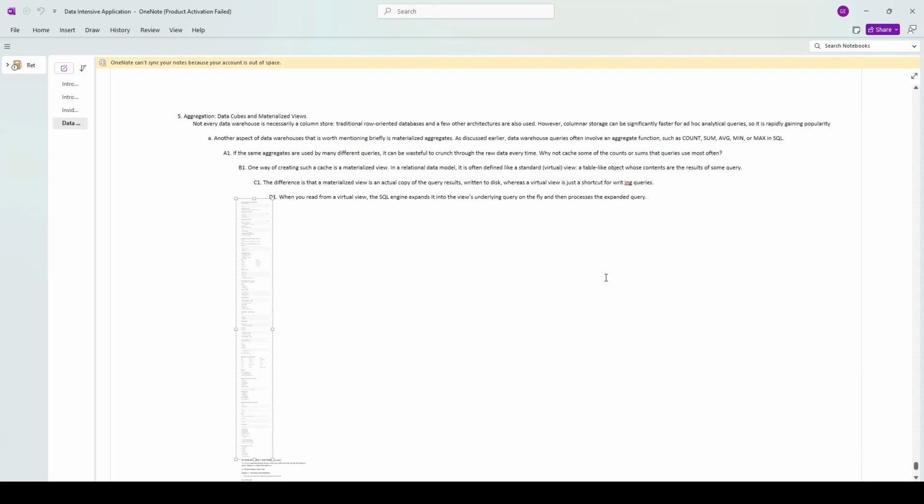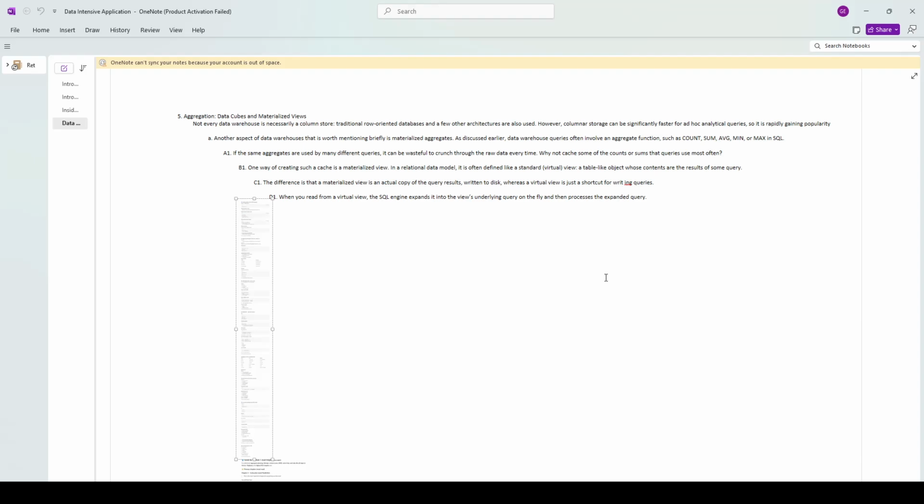So there's a virtual view concept in relational databases, which is a shortcut for writing queries, kind of like a pointer to a storage database, just like my PostgreSQL to S3 storage, or a B-tree pointing to another branch in the tree. But the difference in an analytical storage engine is that this is an actual copy of the query results written already, or committed, to the disk.